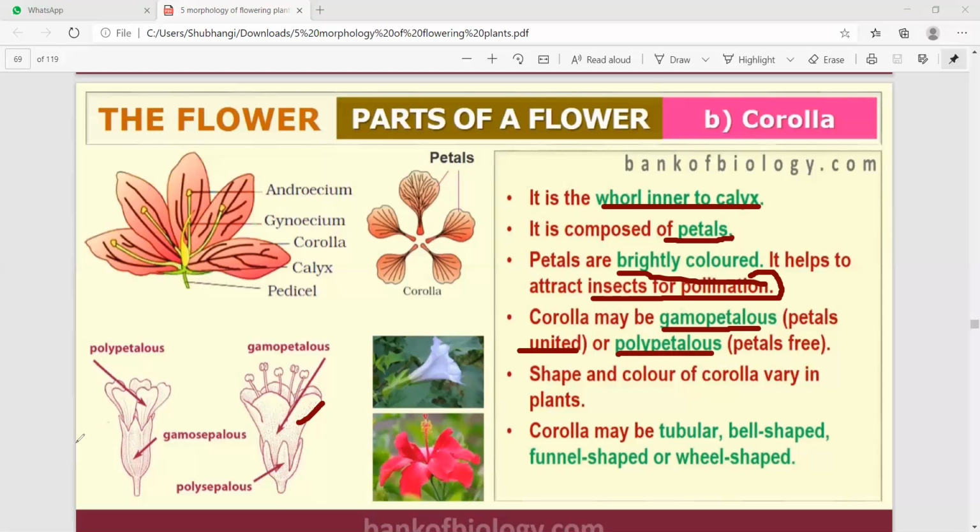Now here you can see in this flower, petals are free, that is polypetalous, but the sepals are fused, that is called gamosepalous. And in this flower, you can see the sepals are free, so they are polysepalous, and the corolla or petals are fused, that is called gamopetalous. So you should not get confused between the terms.